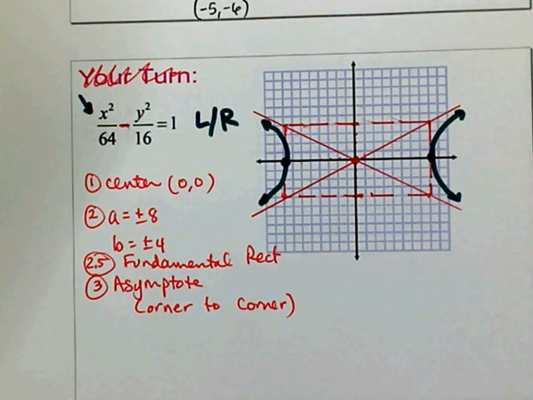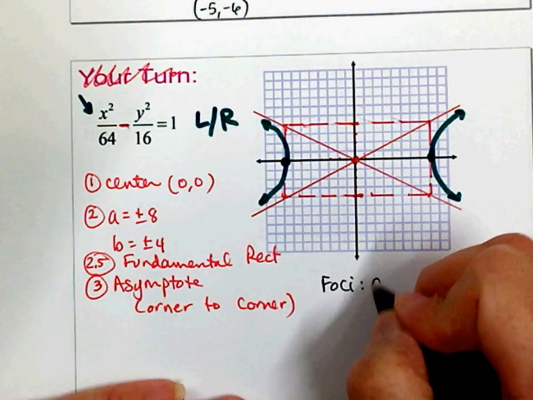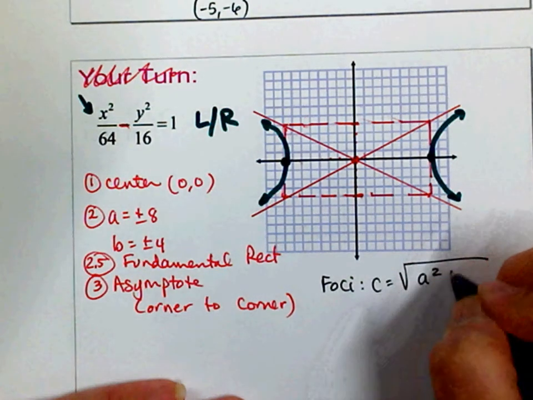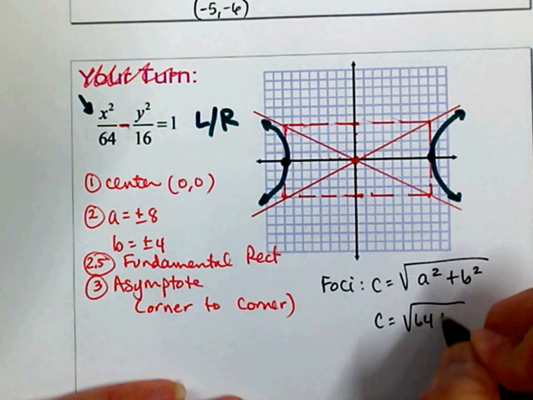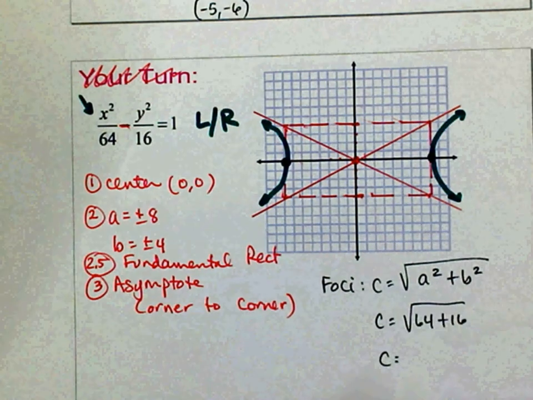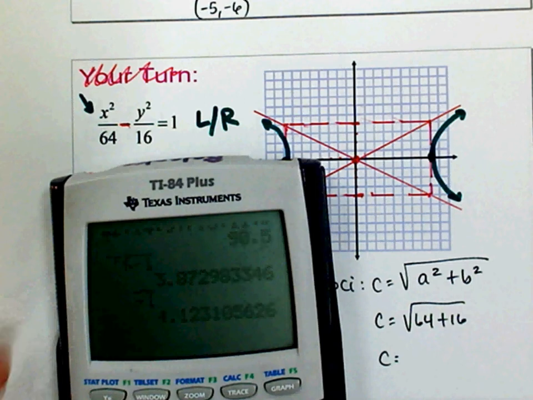Okay, I'm going to add one more thing: how to find the foci. Your foci is the square root of a squared plus b squared. So it's going to be 64 plus 16. Use your calculator. 64 plus 16, and that comes out to be 8.9.